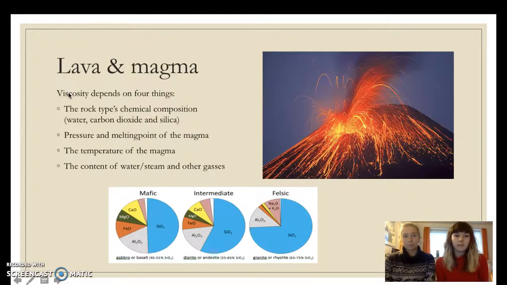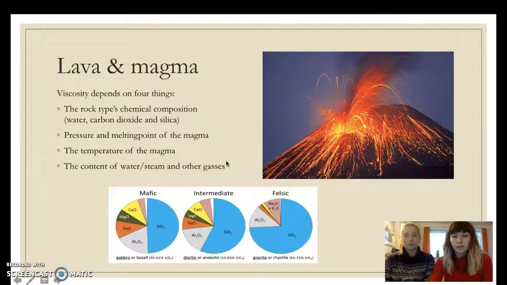The viscosity of the lava and magma depends on these 4 things: the rock type's chemical composition, which is mainly water, carbon dioxide, and silica in the magma; and then the pressure and melting point, the temperature, and the content of water and other gases.